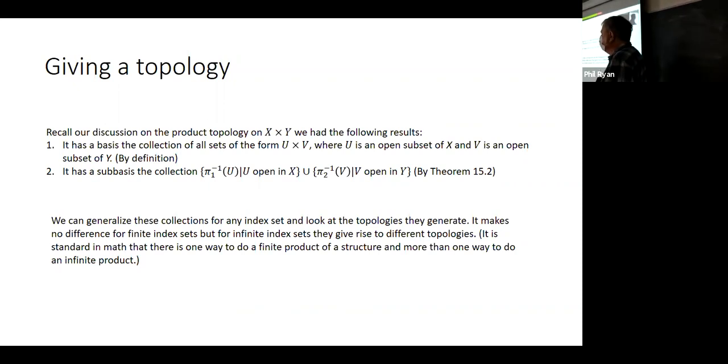say you've got Z, the integers, and you take an infinite Cartesian product. One way to do it would be that you're allowed any integer whatsoever in any place. That gives you one Cartesian product.